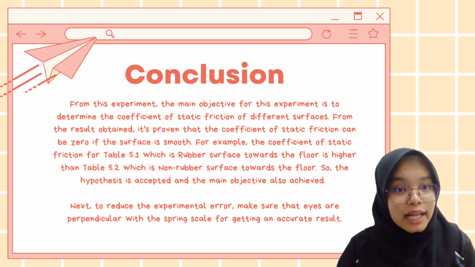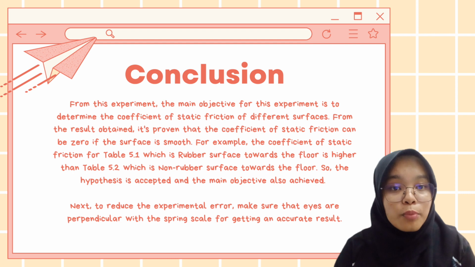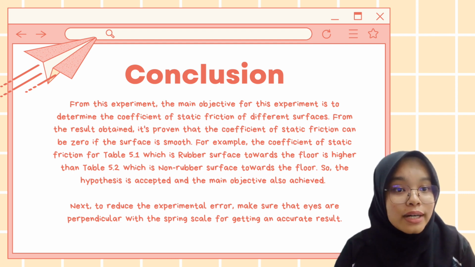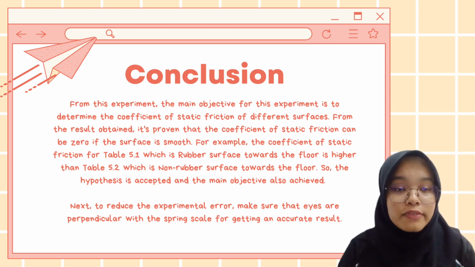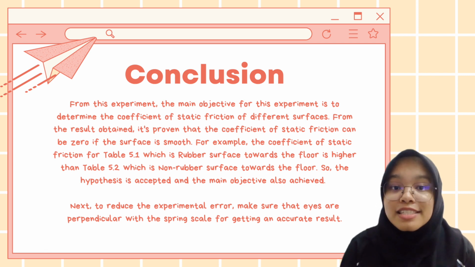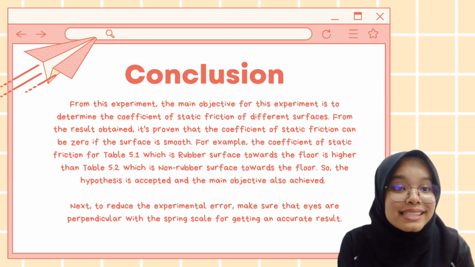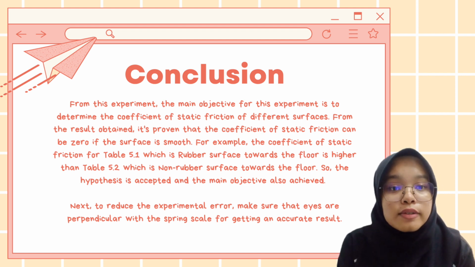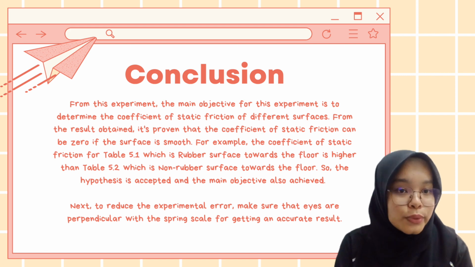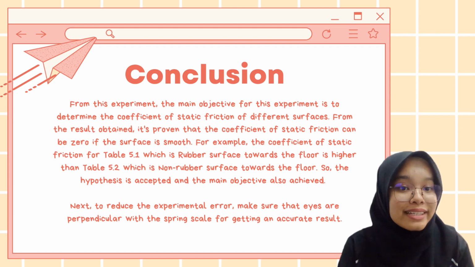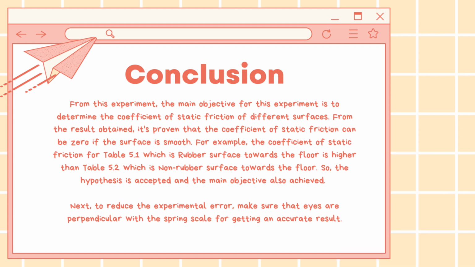For example, the coefficient of static friction for table 5.1, which is the rubber surface towards the floor, is higher than table 5.2, which is the non-rubber surface towards the floor. So, the hypothesis is accepted and the main objective is also achieved. Next, to reduce the experimental error, make sure that your eyes are perpendicular to the spring scale for getting an accurate result.